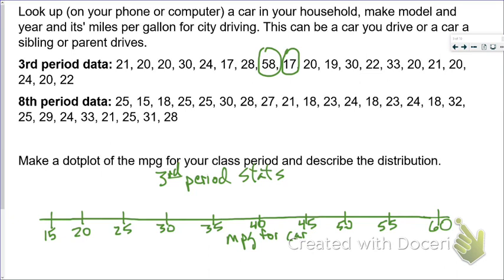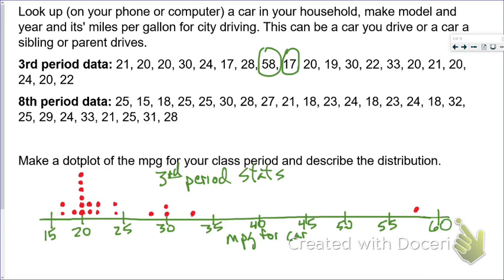Try to be accurate. This one should be easy to stack accordingly. If ever you have a tiny, tiny scale where it's hard to distinguish between 20 and 21 on the scale, then you're okay to stack those. But this one should be easy to distinguish. So I'm just going to start making dots and hit pause. All right, there's my dot plot.